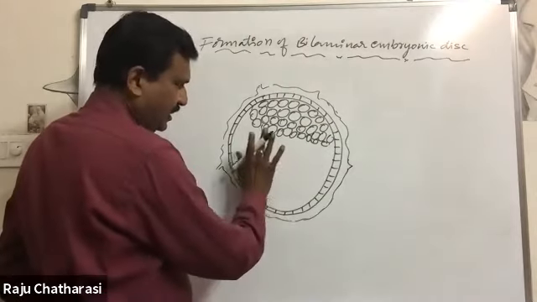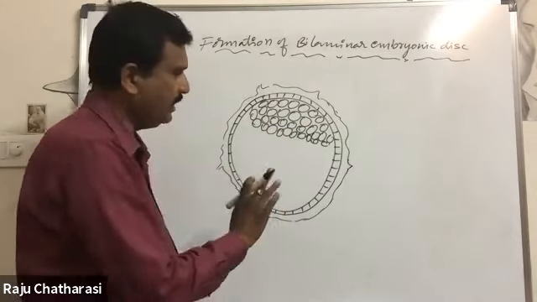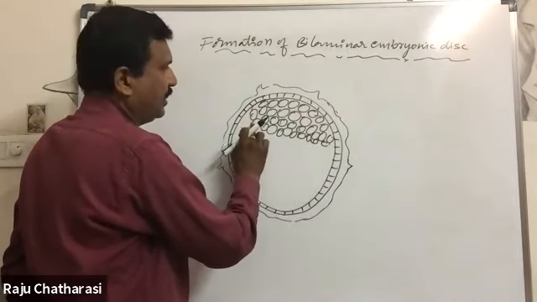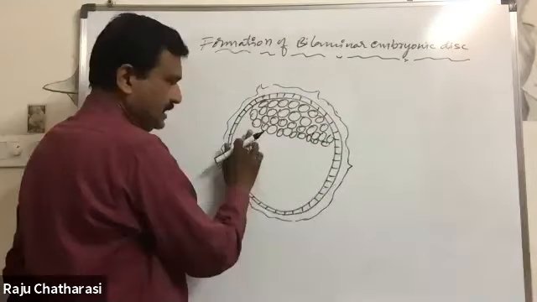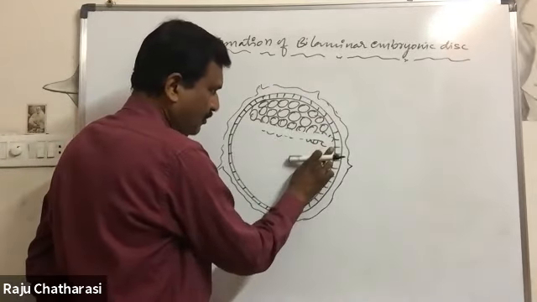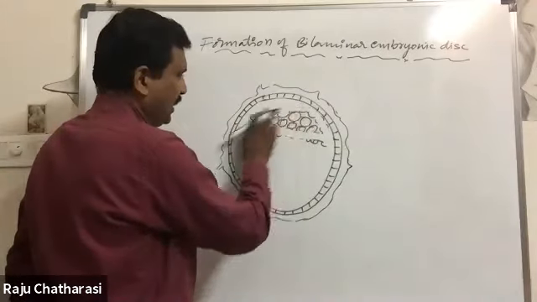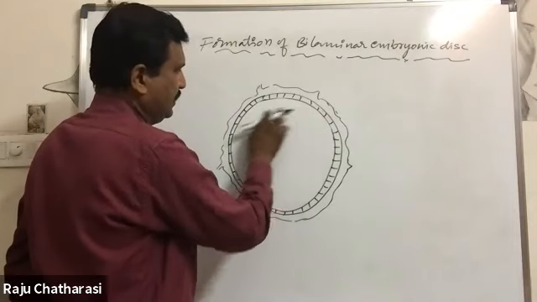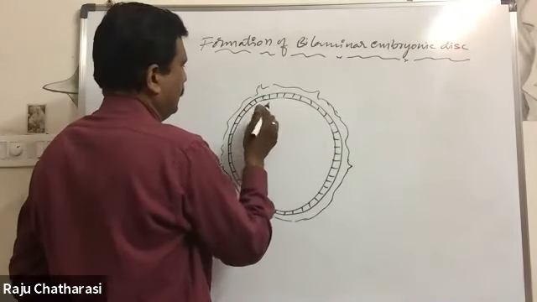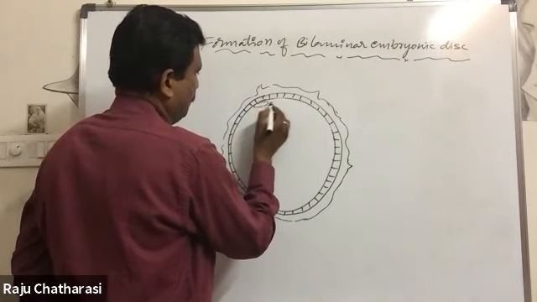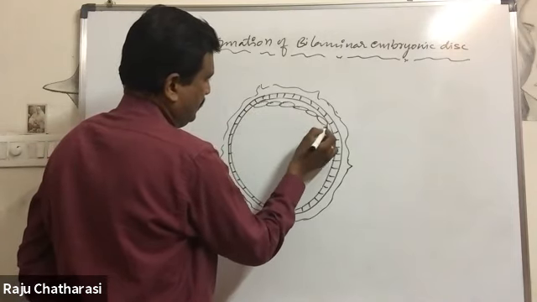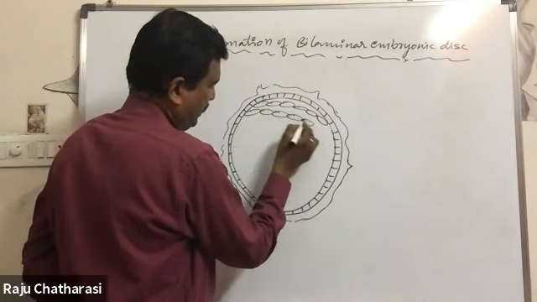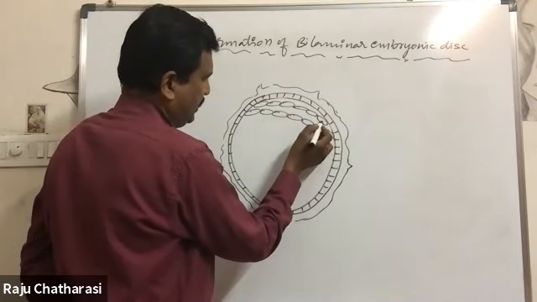Now, after completion of implantation, all these formative cells, embryonic stem cells, are arranged in two layers. Here, this is the upper layer. This is the lower layer.